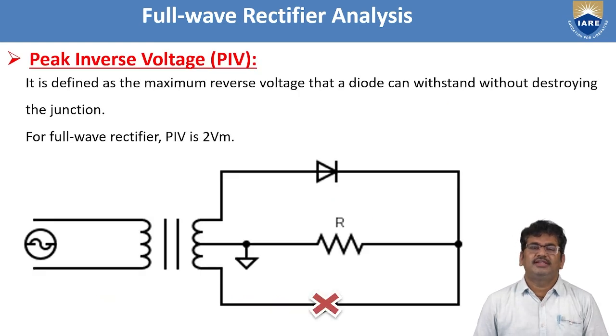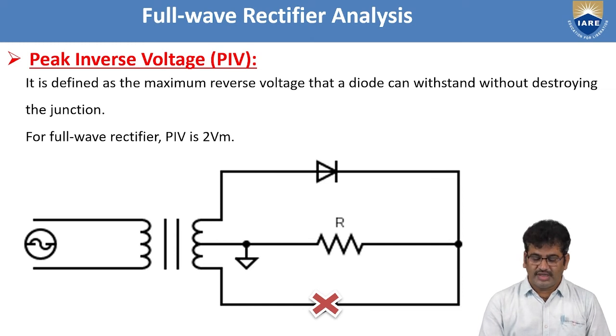The next parameter is peak inverse voltage. It is defined as the maximum reverse voltage that a diode can withstand without destroying the junction. We can consider either the upper circuit or the lower circuit, where one diode is conducting in forward bias and the other is not conducting in reverse bias.